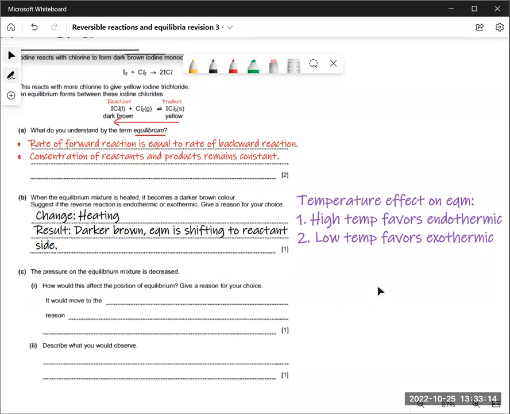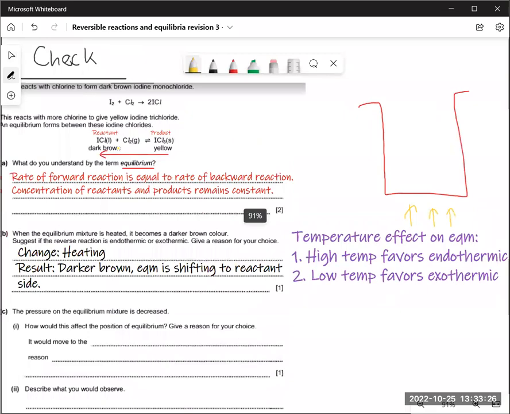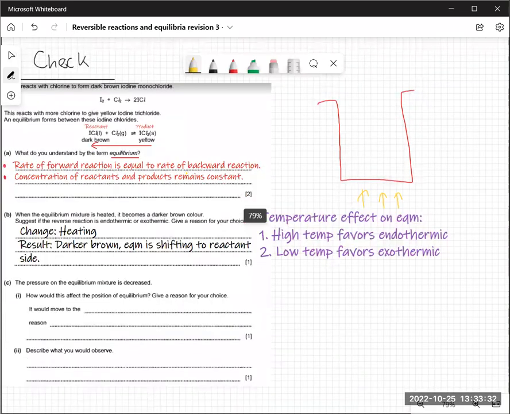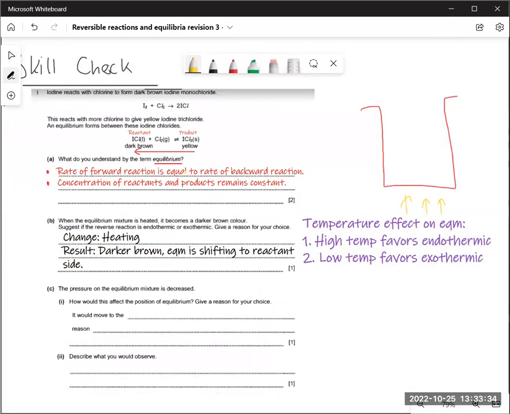Yeah, but I know I am the one who's heating it, so that's fine. Now, look, I have this reaction, and I know I'm heating it.